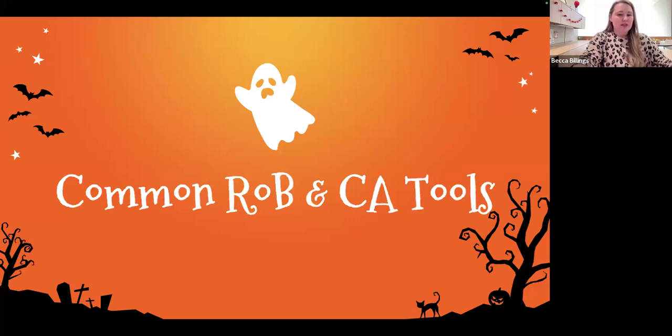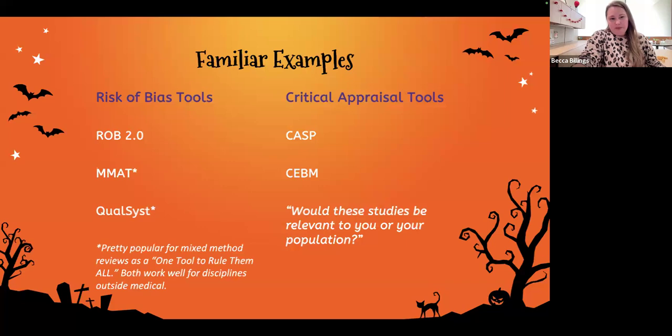As far as common risk of bias and critical appraisal tools, let's check some of those out. Probably the most common one that you will see is the Risk of Bias 2.0 Cochrane risk of bias tool. I think about 4 years ago, that was updated from the ROB1 tool. You also have the Mixed Methods Appraisal Tool, or the MMAT, and then the QualSyst tools.